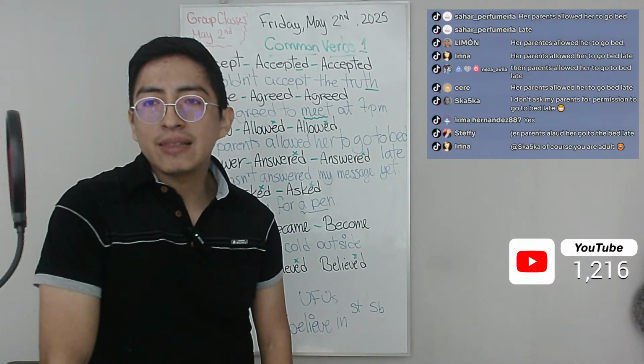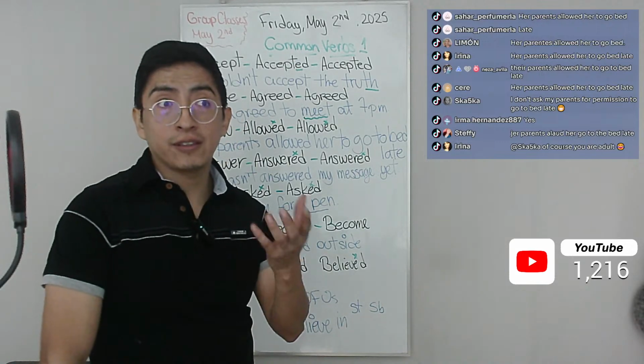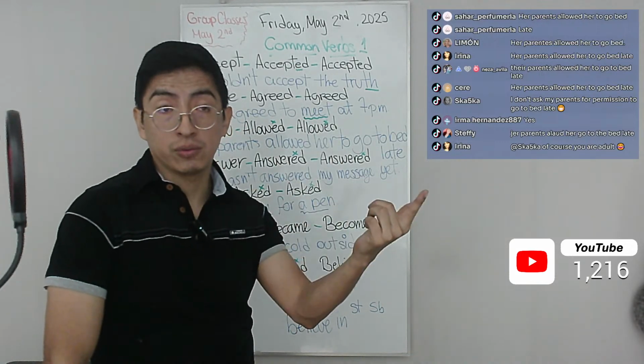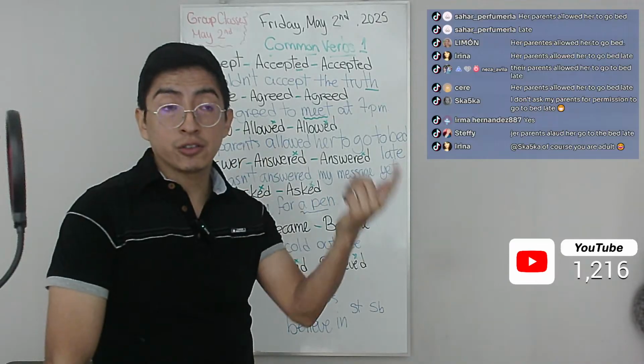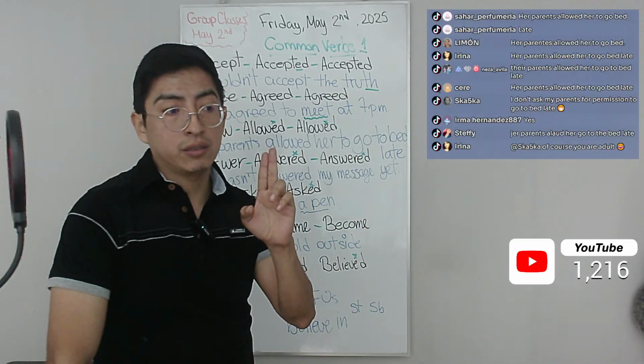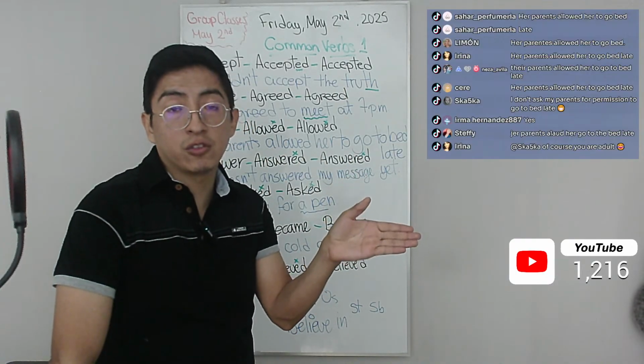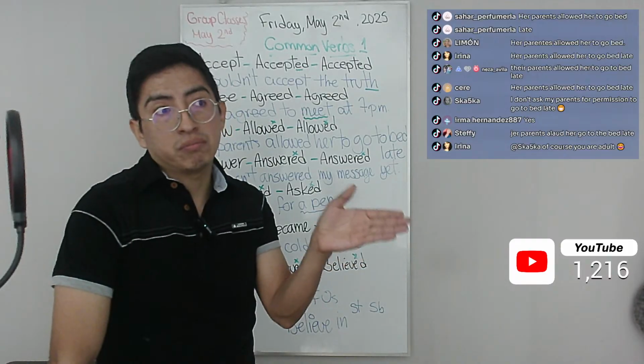And the difference between believe and trust. Well, in the case of believe, it's something that somebody tells you. If somebody tells you something, you have two options. You can believe if what this person is saying is true or not.